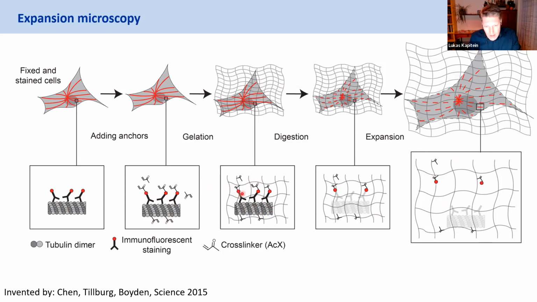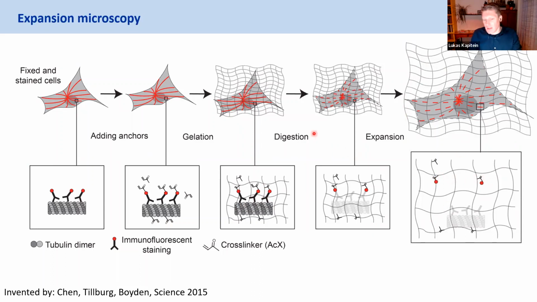And then before you swell the gel, you denature the proteins to make sure that the protein structures inside the cell do not resist swelling. And so actually the final sample that you have is mostly water and a small peptide fragment with fluorophores that are cross-linked to the gel.